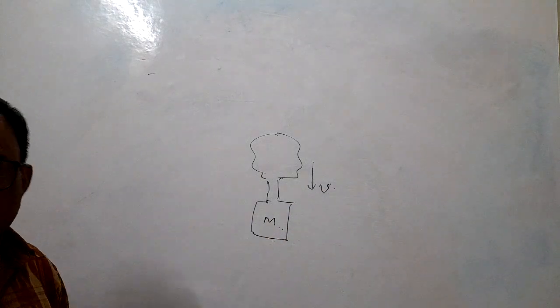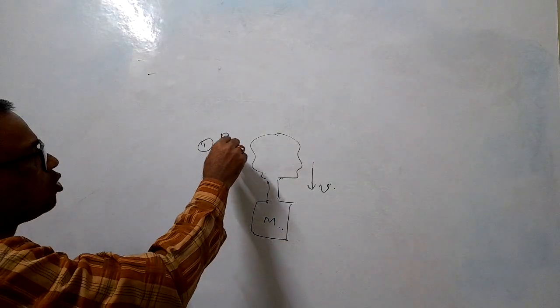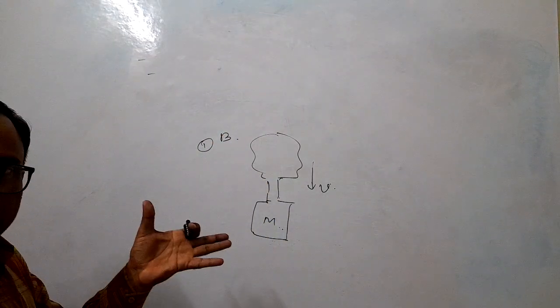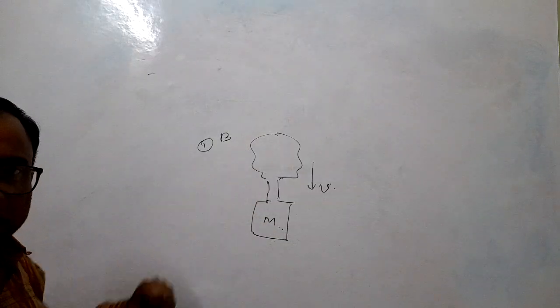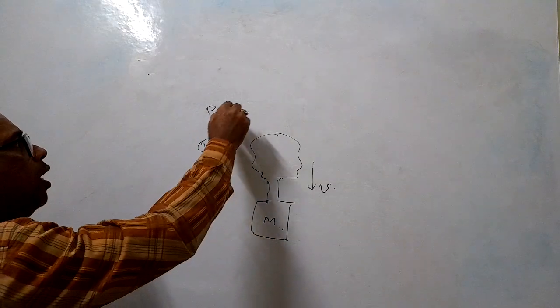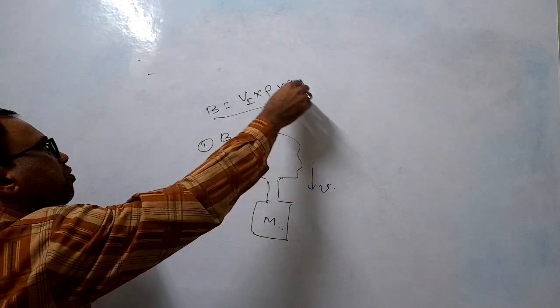Suppose here resistance is present, buoyancy is present. Suppose buoyancy equals B. Buoyancy means air buoyancy, one kind of upward force, and that is directly proportional to V immersed into rho L into g. That's the buoyancy formula.